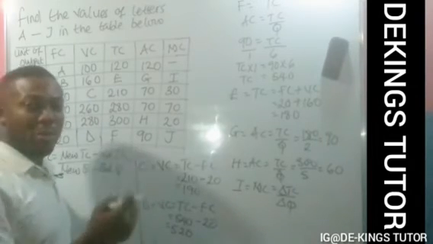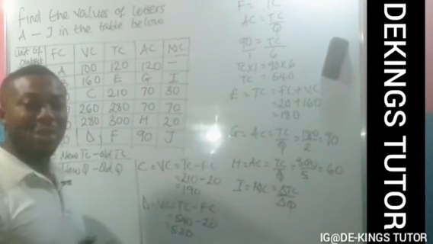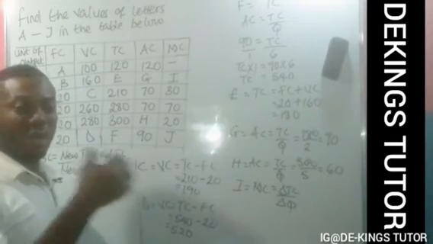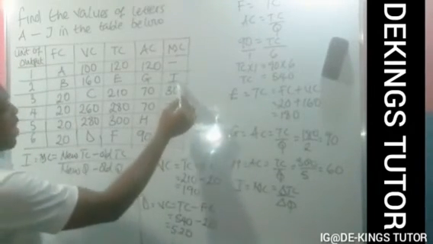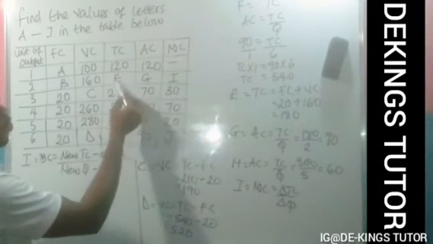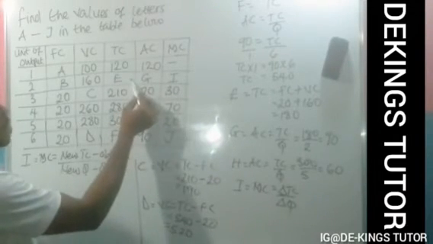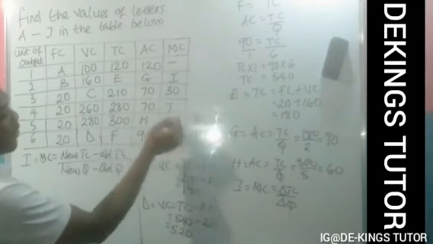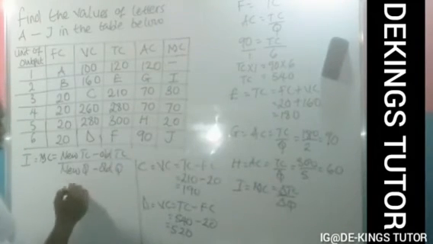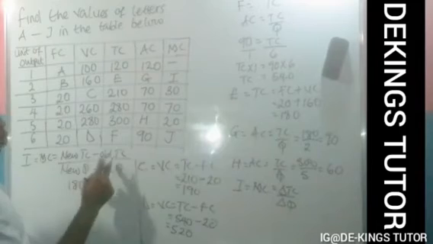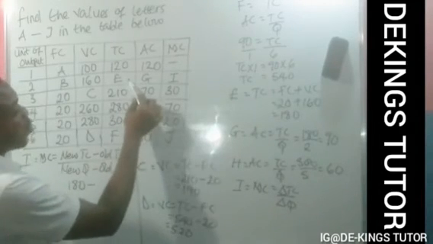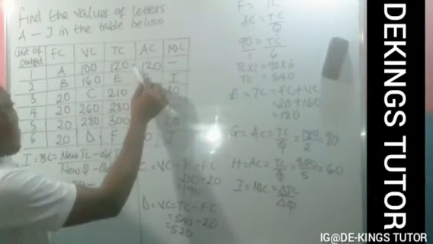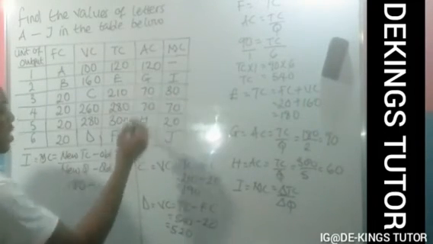Now look up. The new is the current one you're solving, while the old is the one that comes before the new. If we are solving for I, our new total cost is the one in the same line, which is E. We solved for E as 180. So my new total cost is 180 minus the old, which is the one that comes before, 120.